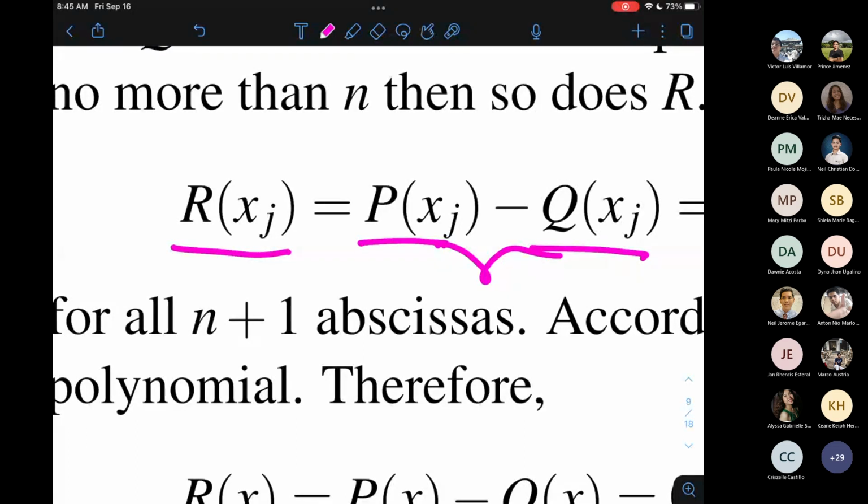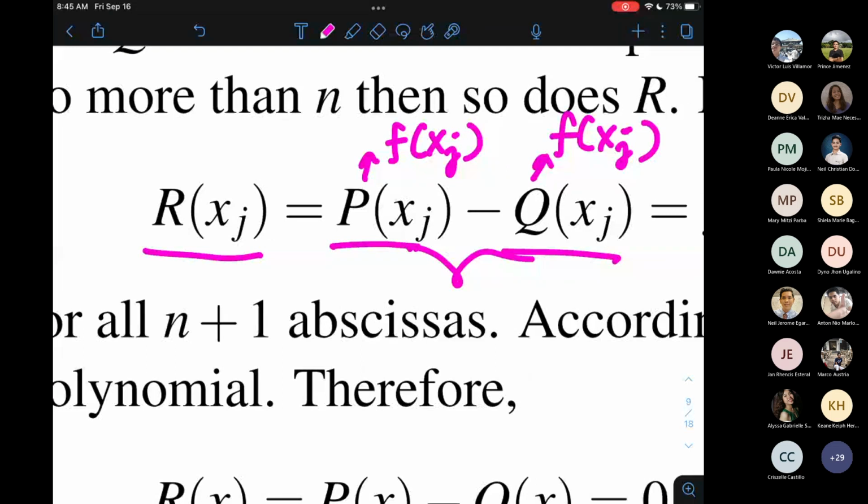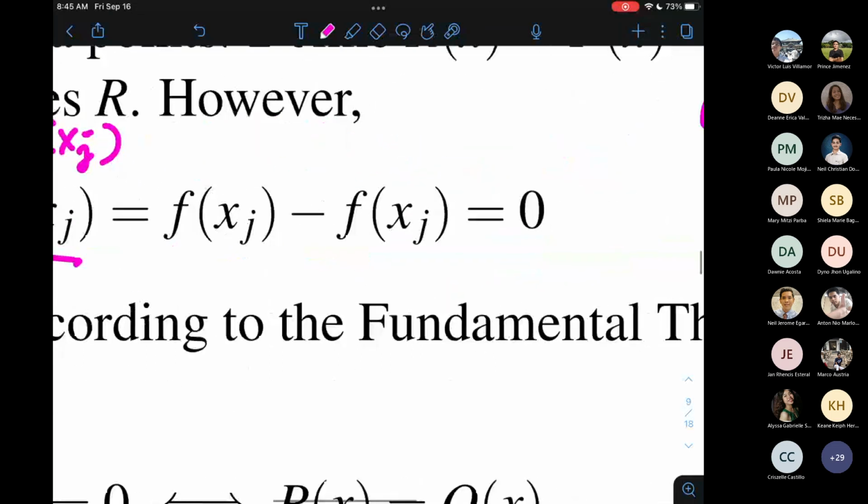Yes, Ela and Kiran, Bernadette, and Ray are all correct. Equal yan kay 0. Kasi yung P of x sub j, property nga, si P ay algebraic interpolating polynomial, so yung function value niya ay equal sa f of x sub j, given data. Kasi nagpa-pass through si P dun sa given data points. Likewise, ganun din si Q, algebraic interpolating polynomial din siya, so their difference is equal to 0.